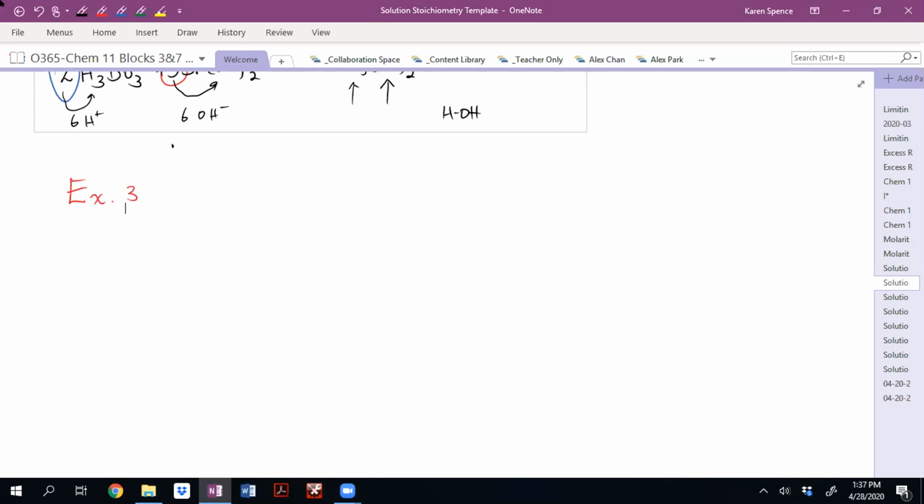Come on, Chem 11. Stoichiometry, solution stoichiometry. There it is. Okay. I think I got the right one. Anyway, it's up there now. I will repost it with the one with the answer key as soon as I'm done, but that should be enough to get you going.